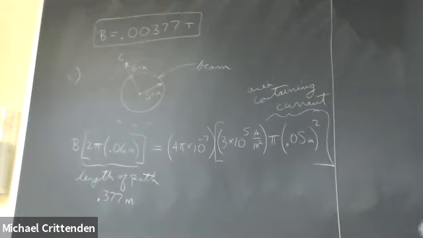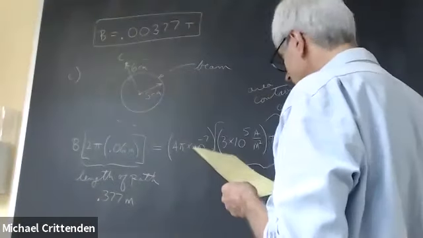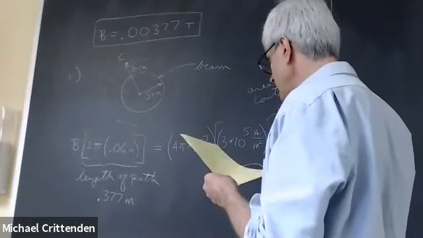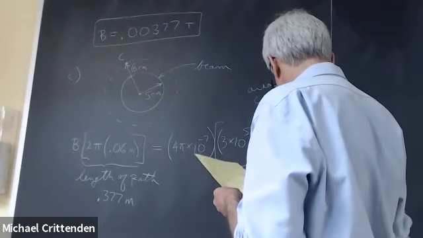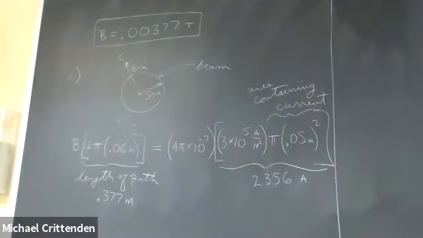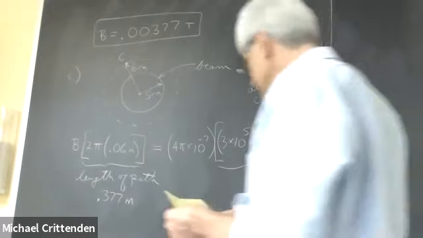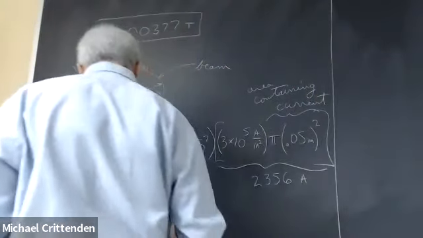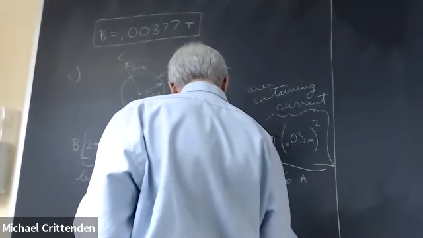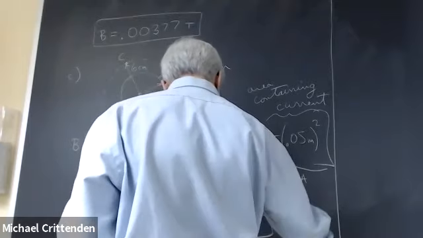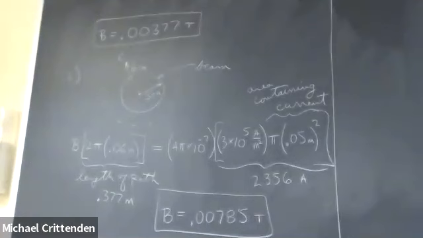And so altogether, and this would be the total current in the entire beam, the whole beam is inside of my path this time, 2,356. That's a lot of amps. So you multiply and you divide, and this time 0.85 milliteslas, if you prefer.